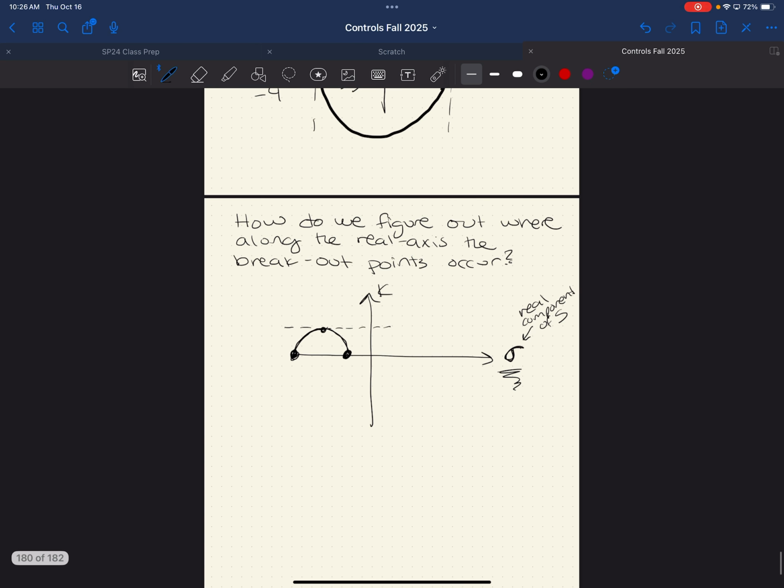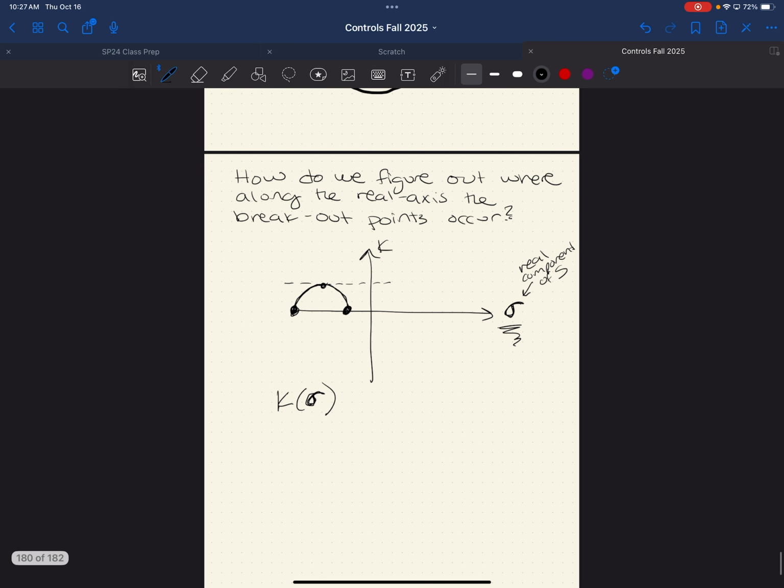Which means that we would need to find a function for K in terms of this sigma. Well, that's fine. In our previous section, I didn't actually go into this equation when I covered the magnitude criterion, but this is one of the equations that leads to the magnitude criterion equation that I gave you. Suffice it to say that K is equal to -1 over G of S H of S.